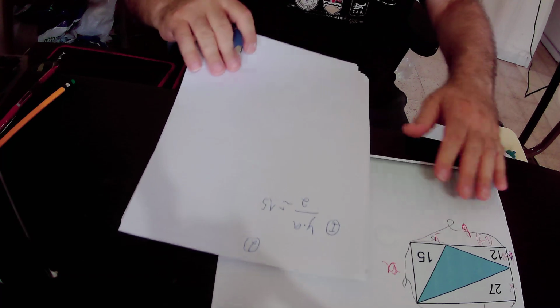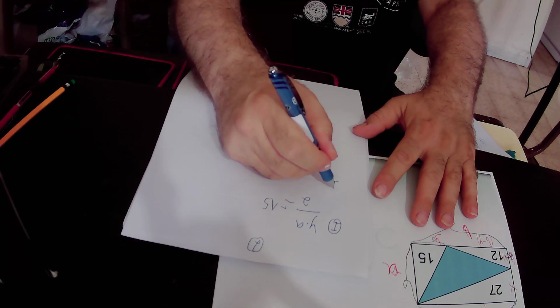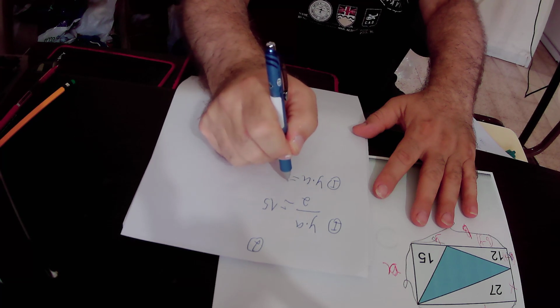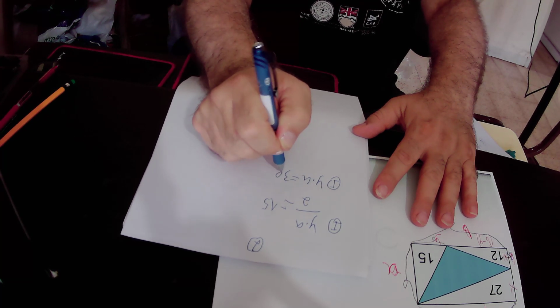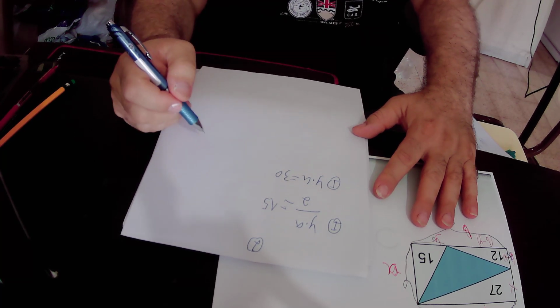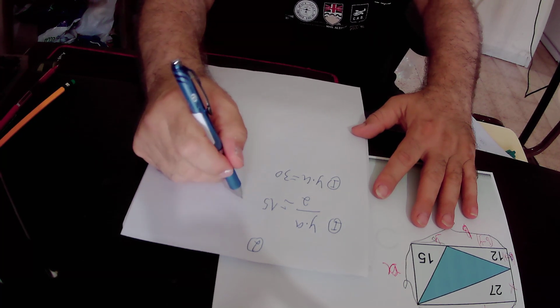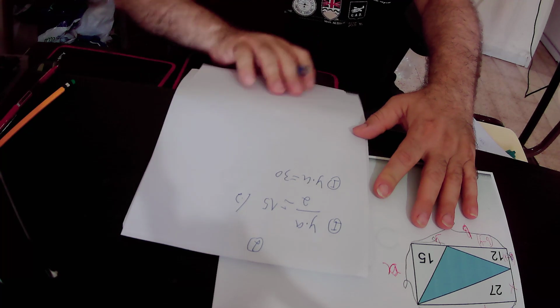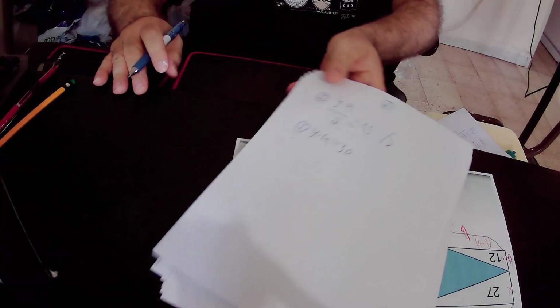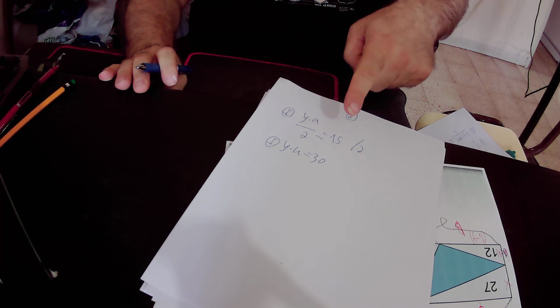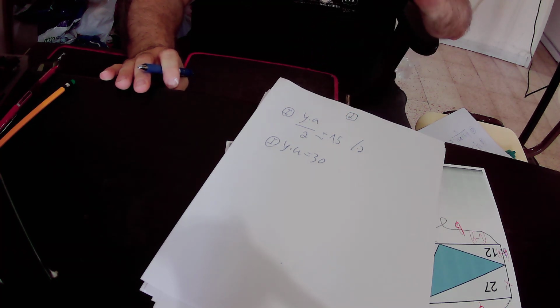So we will get that y times a equals 30, because 15 times 2 equals 30. Okay. Y times a equals 30.